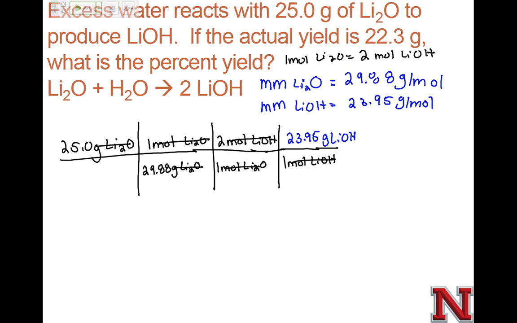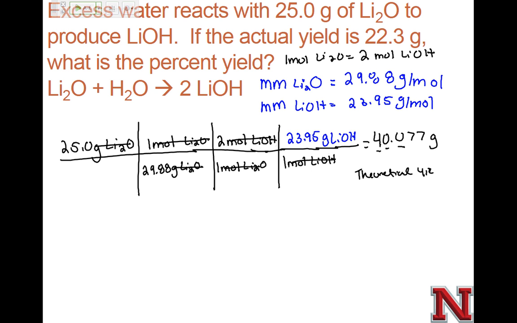So this will give us our theoretical yield of lithium hydroxide in grams. So we should only have 3 significant figures. So I'm just underlining those. So this is our theoretical yield.